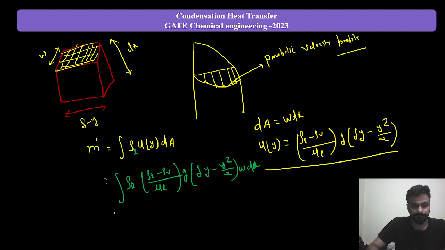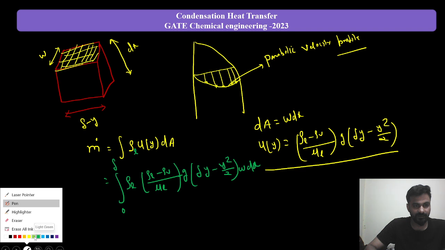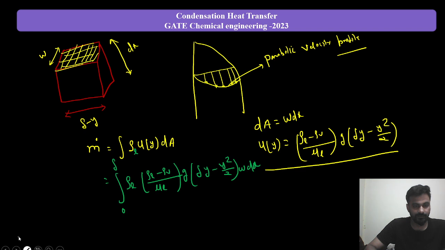The integral goes from 0 to delta. Sorry, here the cross sectional area will be taken like that.